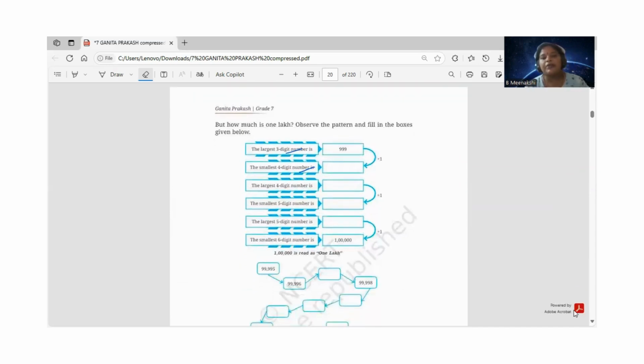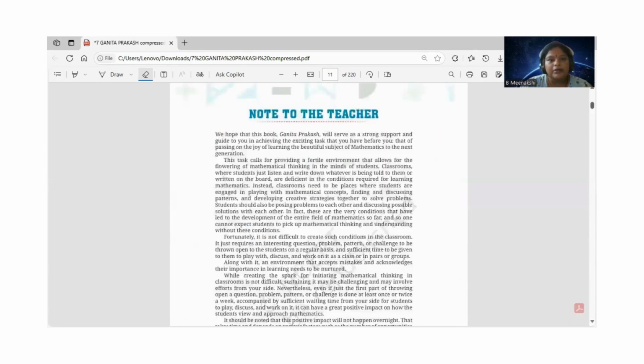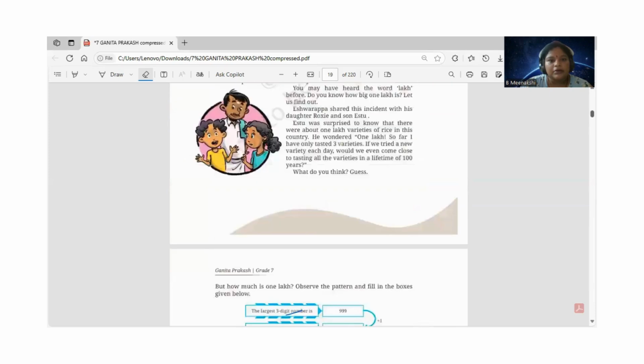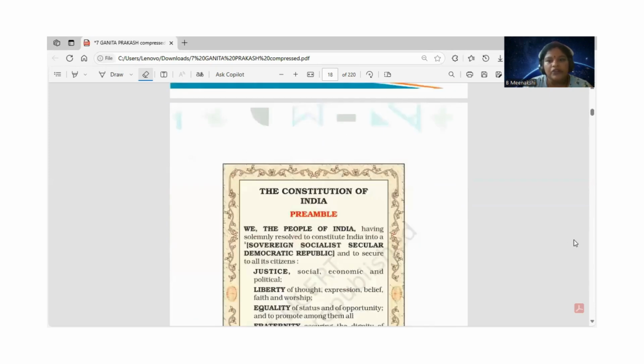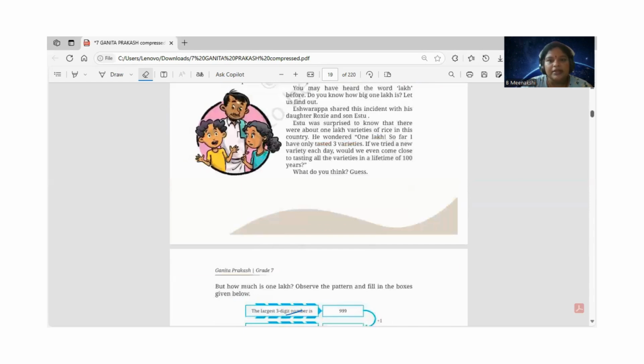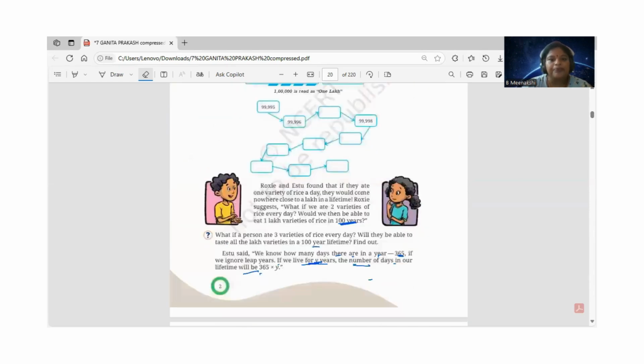We saw a family, Roxy, Neetu, and Ishwarappa, who discussed along with their son and daughter regarding these 1 lakh varieties of rice, and whether 1 lakh is a huge number or not. All these were being discussed.